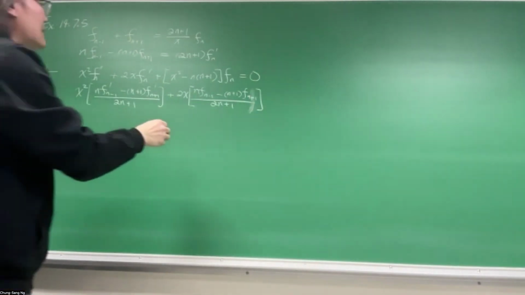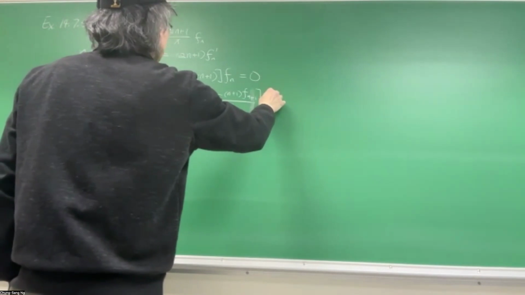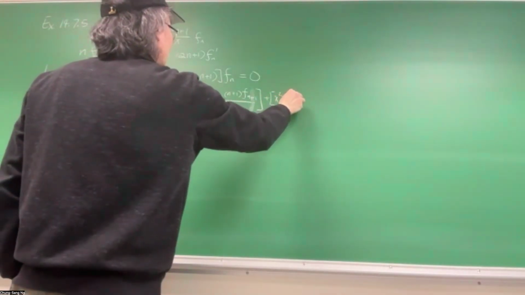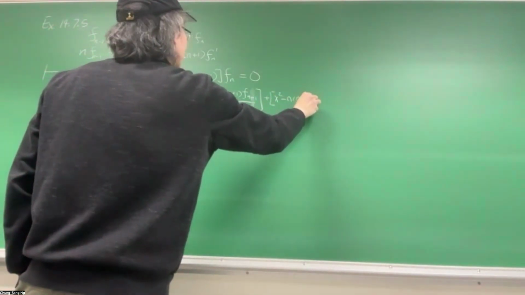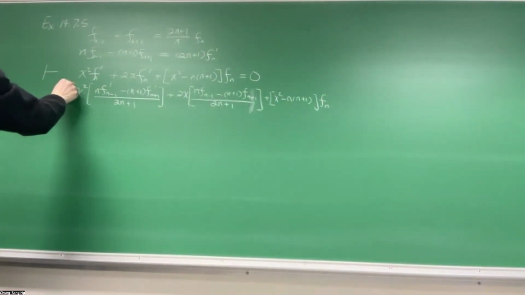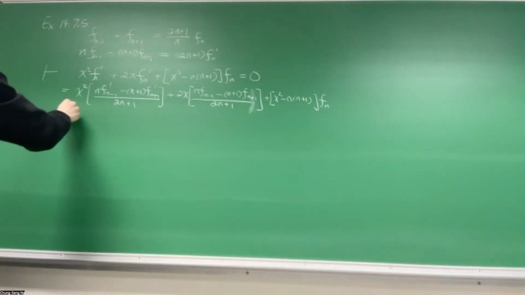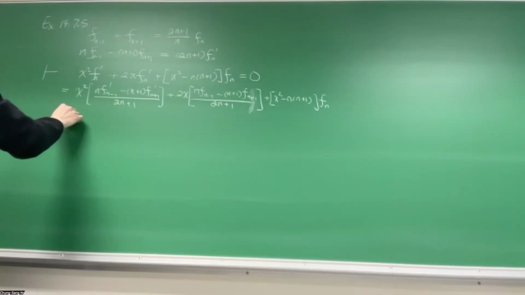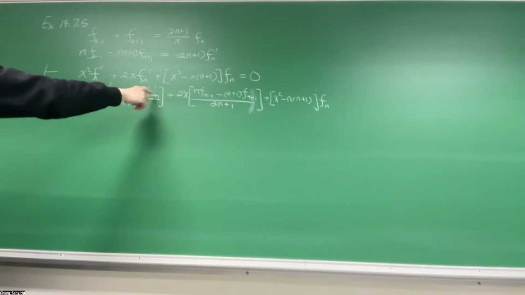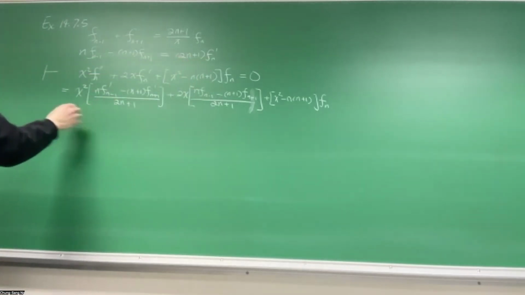Okay, and then the rest is just, hopefully those will cancel later. Okay, so this equals that, and now the next one you still have derivatives. So you apply this again, but now you shift the n.